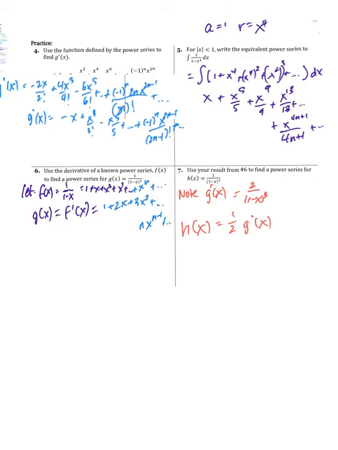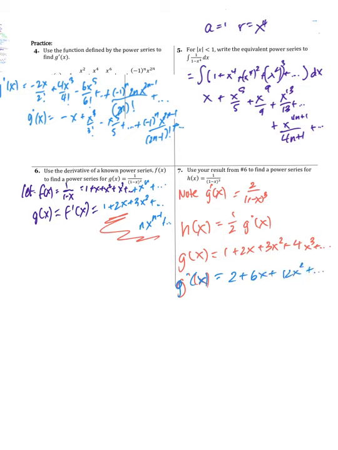So we have g of x over here. I'm not going to do the general term on this one. I am going to do 4 terms though, so what would this next term be? 4x cubed, which means that g prime of x would be 2 plus 6x plus 12x squared plus dot, dot, dot.